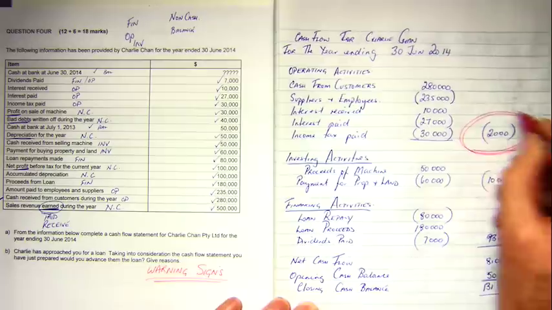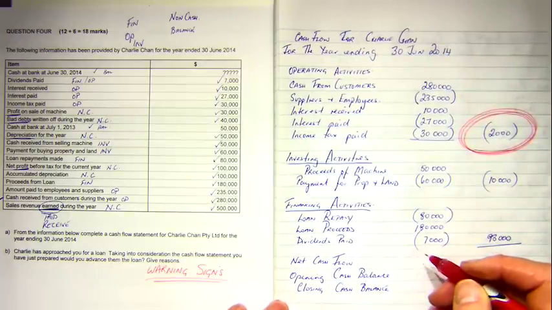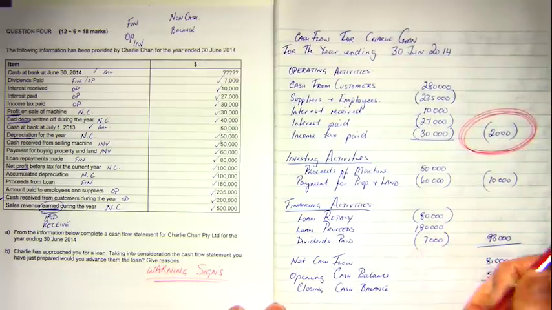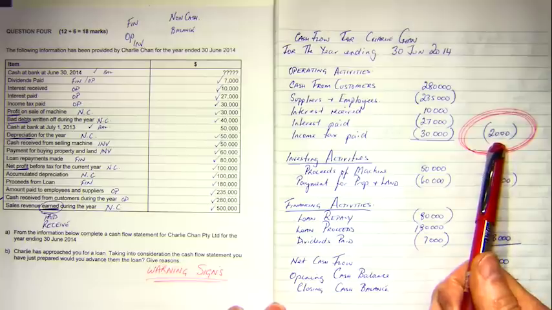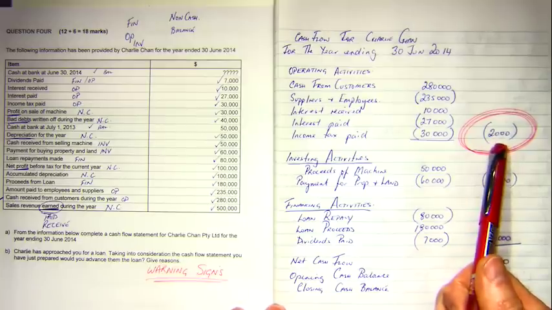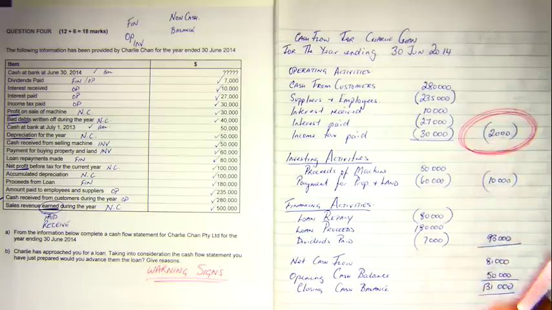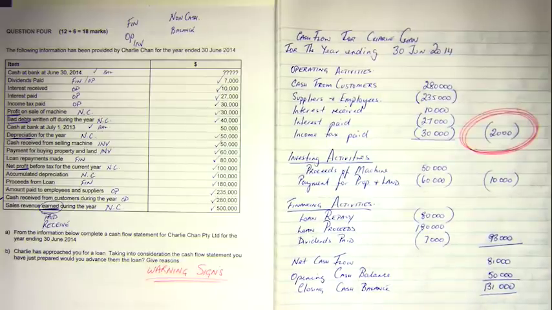Operating outflow. Okay, so my operating activities here, negative. Now normally the operating activities is where the business makes all its money. So you want this one to be a positive cash flow.